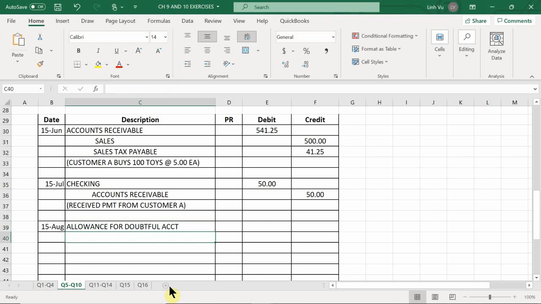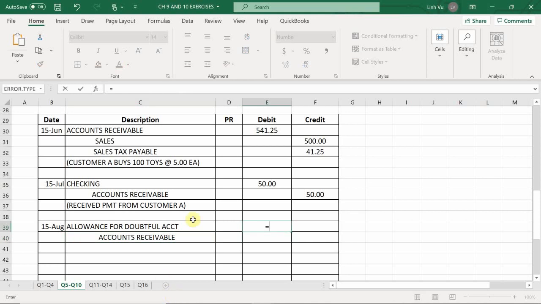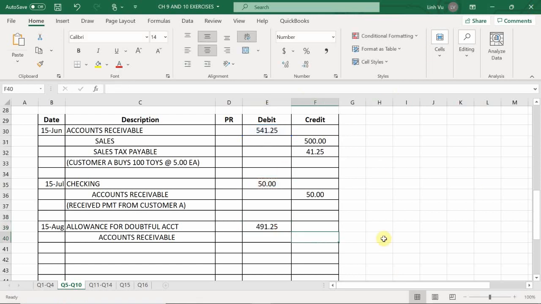It's going to be removed directly from our accounts receivable account because this is potential debt that we might not be able to collect. The grand total amount was originally $541.25, and customer A made a payment of $50, so they owe me $491.25. Then I'm going to make a note here.